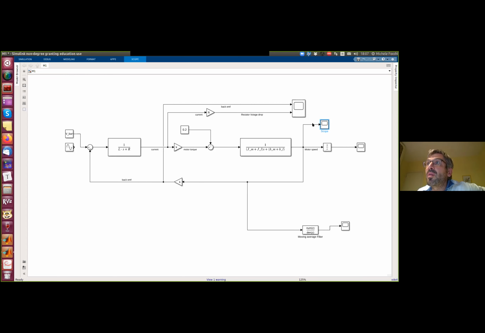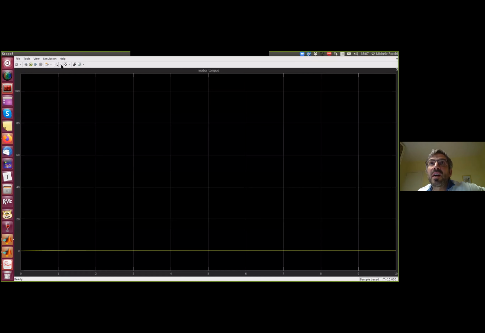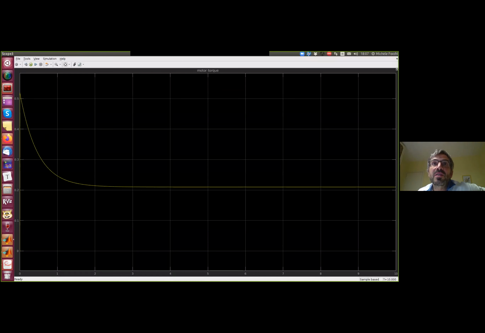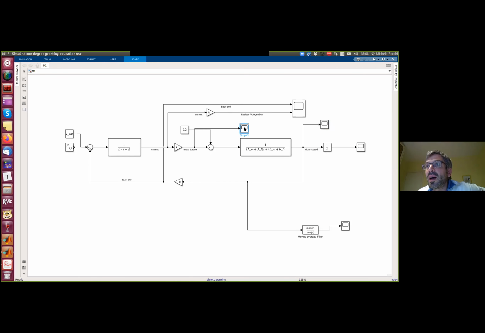And if we plot the torque, we see that it is quite small. We would like to achieve a torque around 0.3 or 0.5 Newton meter. So it's very small. We would like to amplify the torque and reduce the speed. So we would like to put a gearbox in the middle.